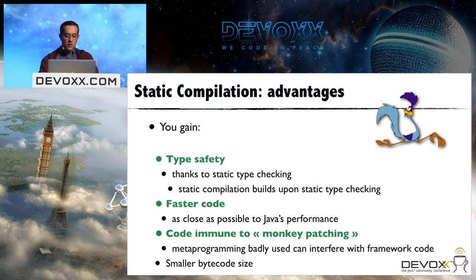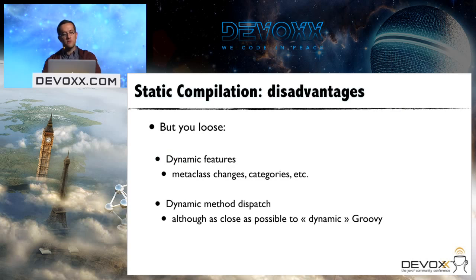That's what we call monkey patching, or what the Rubyists call monkey patching. If you compile things statically, it's not going through the Groovy meta-object protocol, which is the dynamic heart of the Groovy runtime. Another benefit is that you can get smaller bytecode, if that really matters for you.